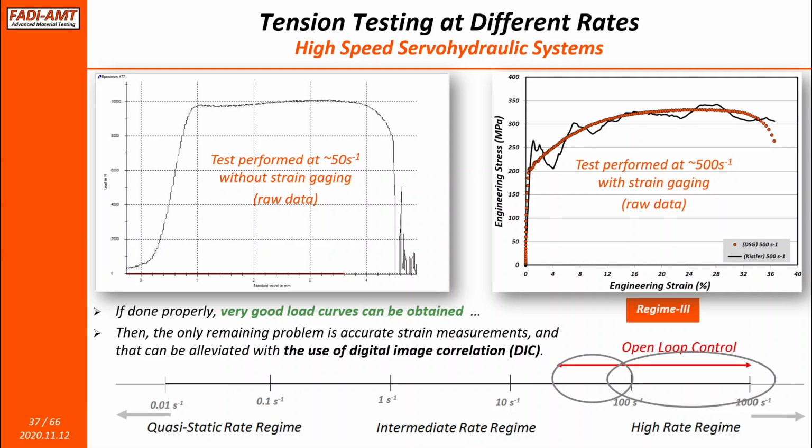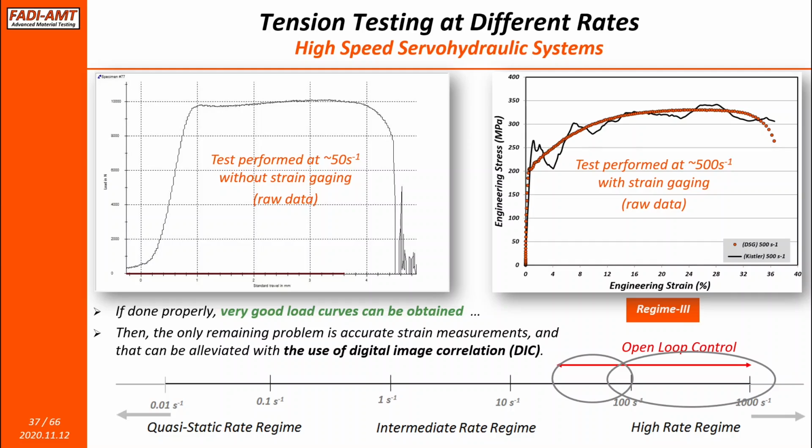You can see from what I've been talking about, whether it's ringing or these issues with the load displacement curve, we've been focused on the load part of it, not on the strain or the deformation part, because that's usually the problem with ringing and related. So once you solve or alleviate the problem with your load measurement, which is the vertical axis of your stress strain curve, the remaining part is the x-axis, and that can be taken care of by the proper use of DIC.